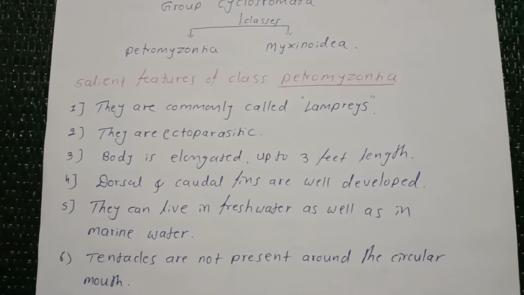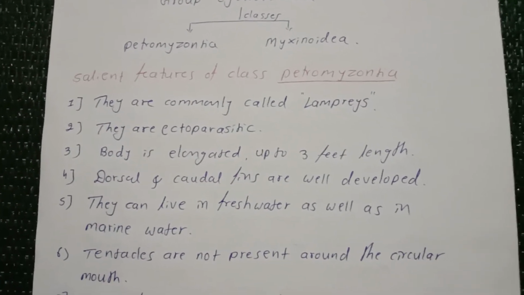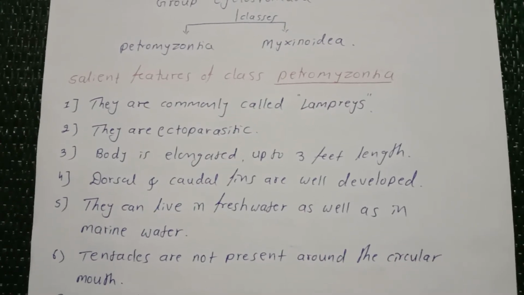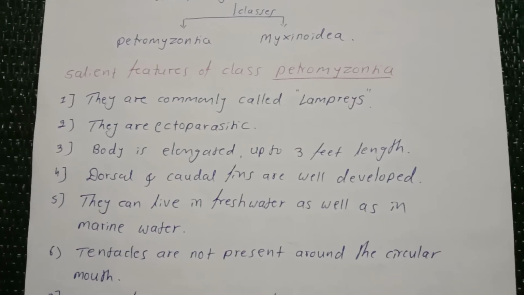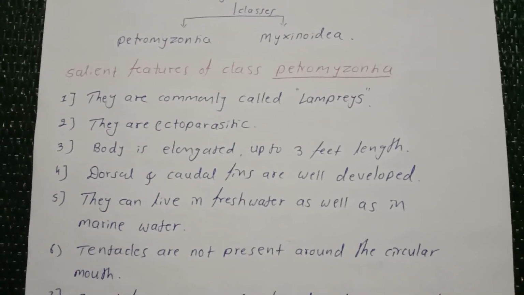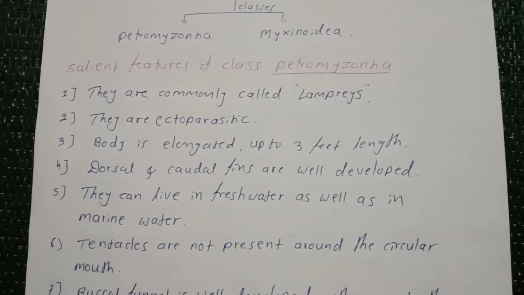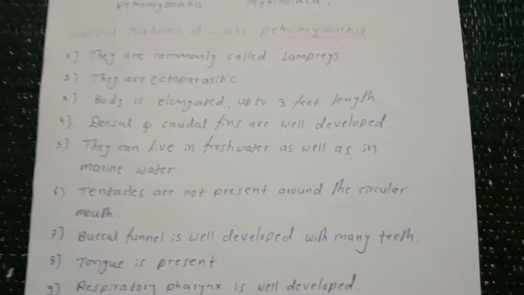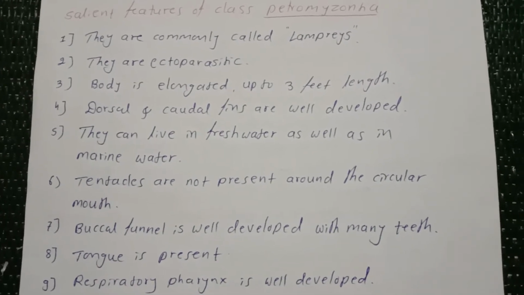There is presence of two types of fins, that is dorsal and caudal fins, which are well developed. They can live in fresh water as well as in marine water. The tentacles are present around the circular mouth.